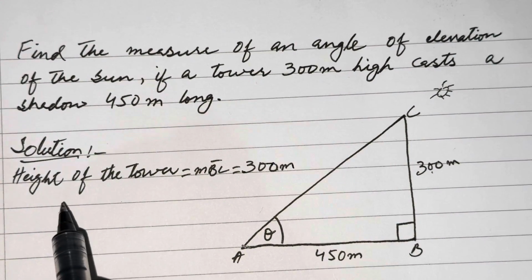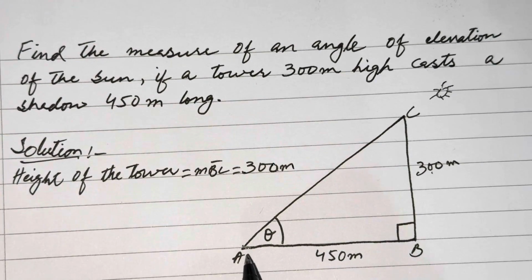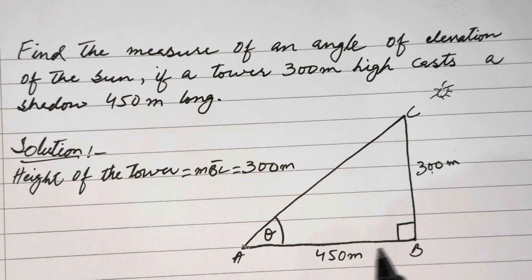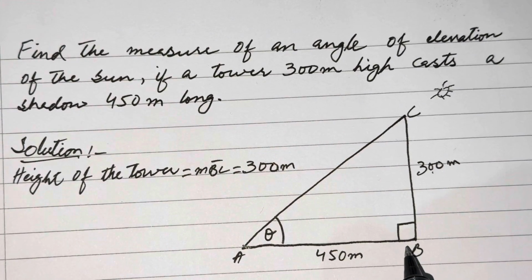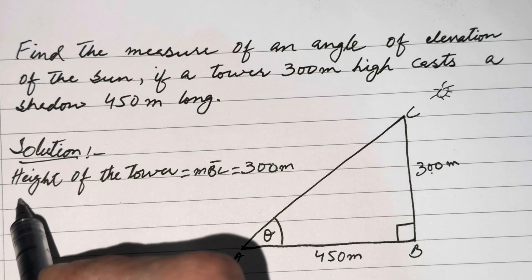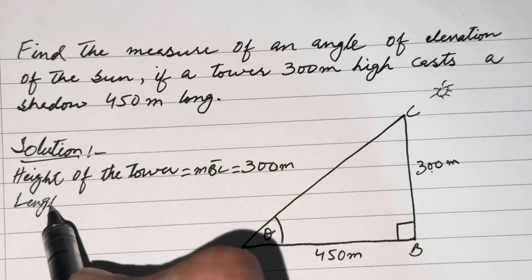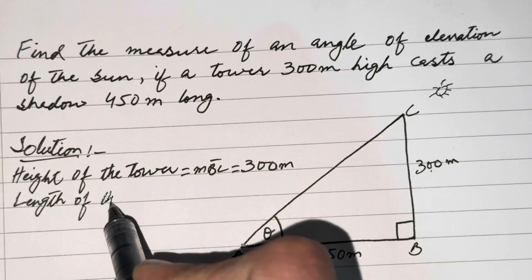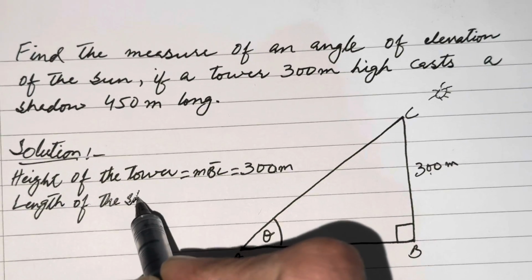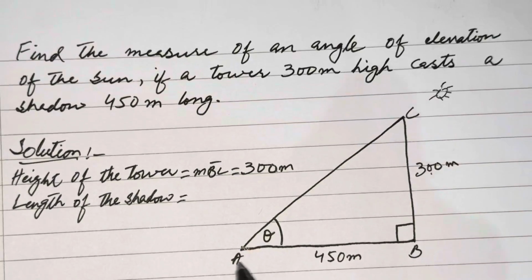The second thing given is the shadow. The length of the shadow is 450 meters, which is equal to AB.